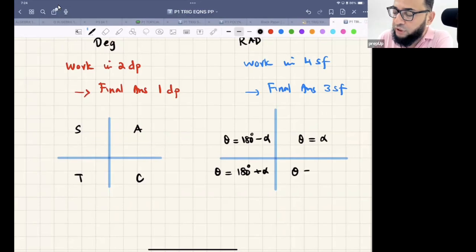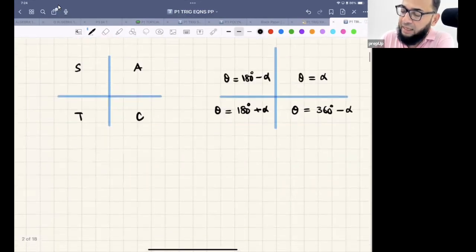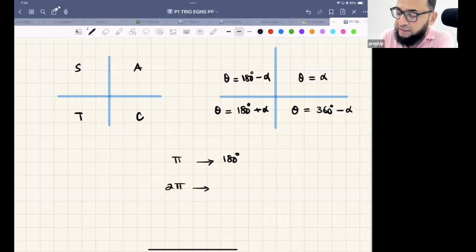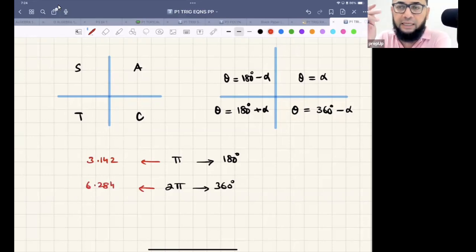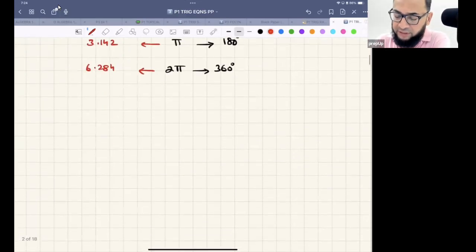In the fourth quadrant, theta is 360 degrees minus alpha. Also remember that pi is 180 degrees and 2 pi is 360 degrees. Pi can also be written as 3.142, and 2 pi as 6.284. So that is the basic thing that we are working with.